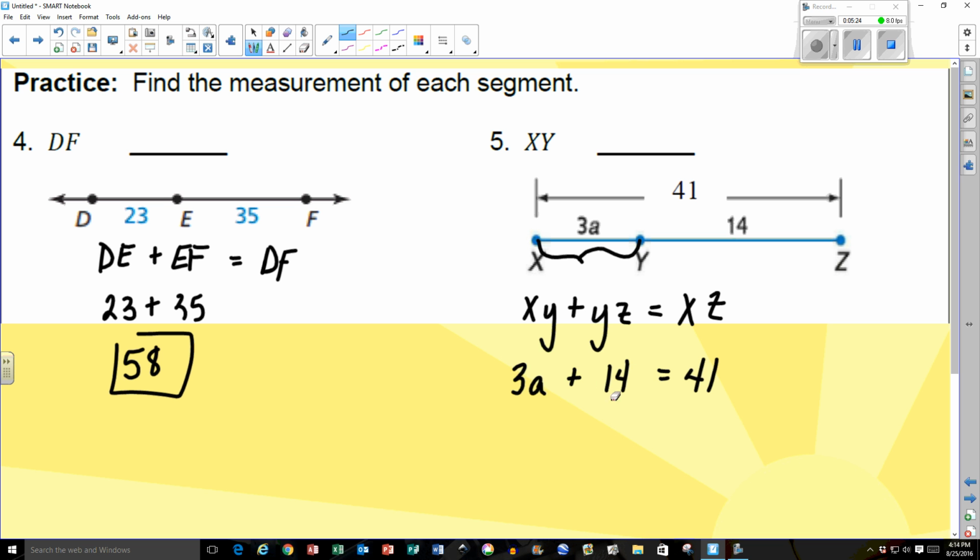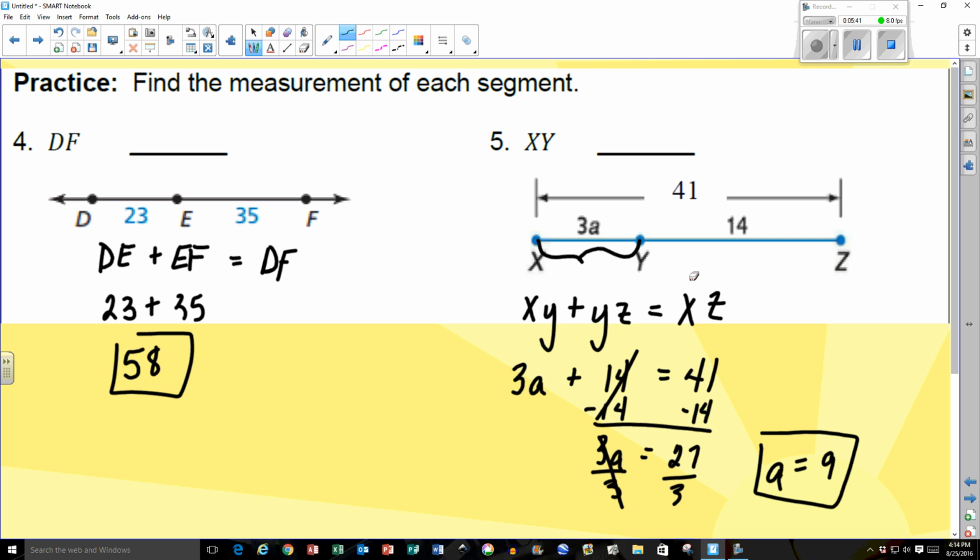So subtract 14 from both sides. Doing your basic algebra, we get 3a equals 27. Divide by 3, a equals 9. Well, since a equals 9, 3 times 9 is 27. So that makes XY 27.